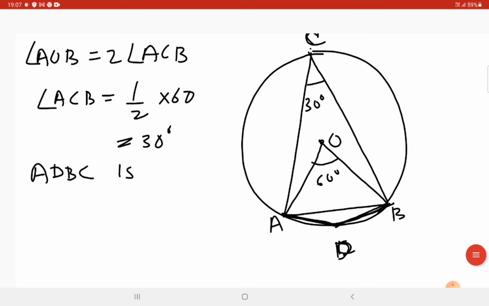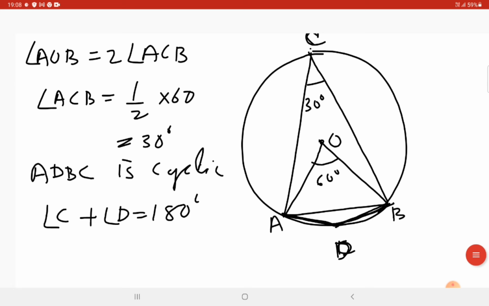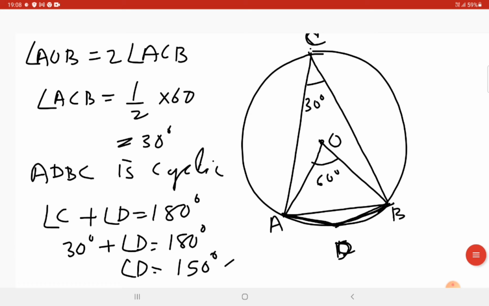Hence, sum of its opposite angles is equal to 180 degree. So, angle C plus angle D is equal to 180 degree. Now, what is angle C? It is 30 degree. So, 30 degree plus angle D is equal to 180 degree. So, angle D is equal to 180 minus 30, 150 degree.